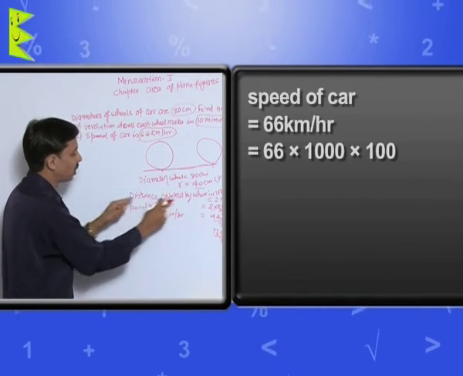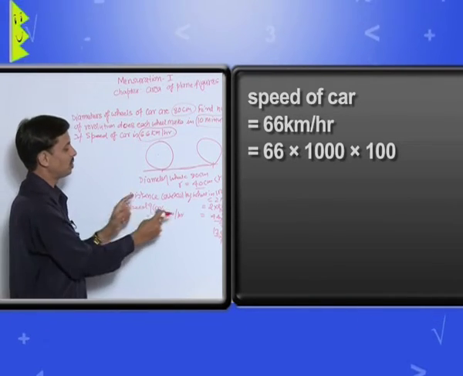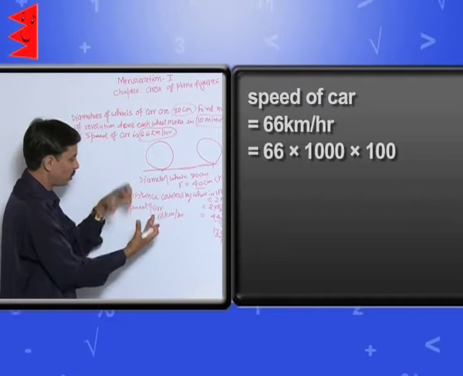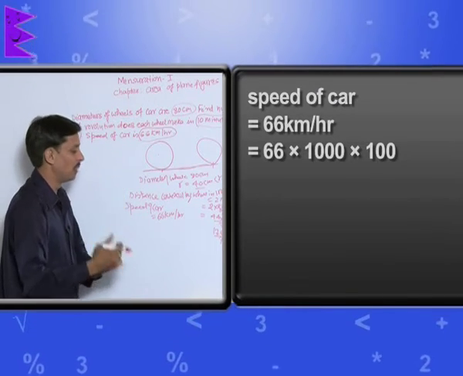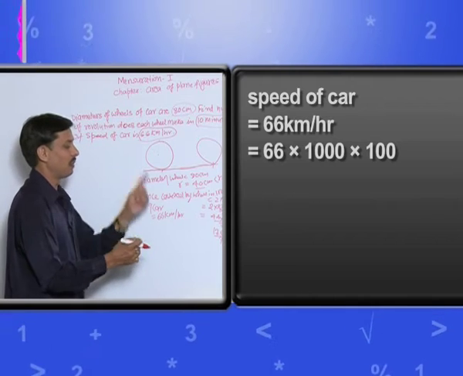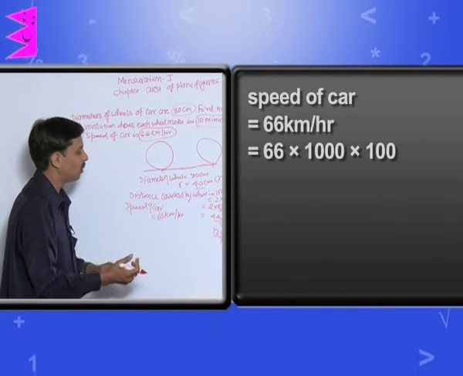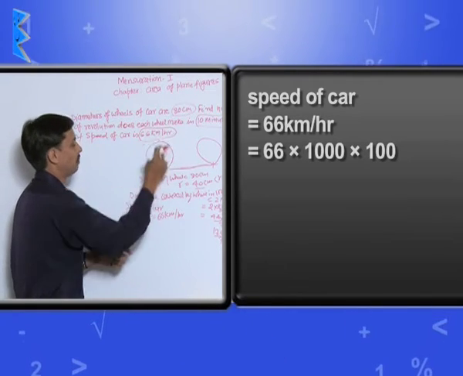So we need to convert the speed of the car into meter per minute, and then multiply by 100 to convert it into centimeter per minute.